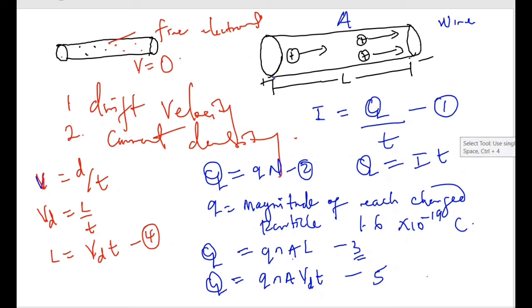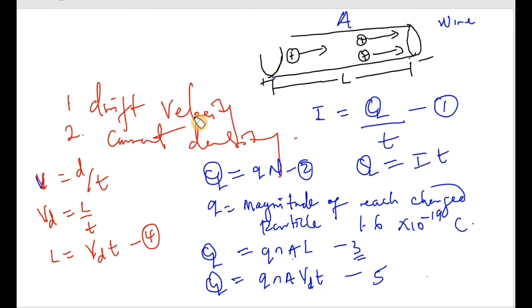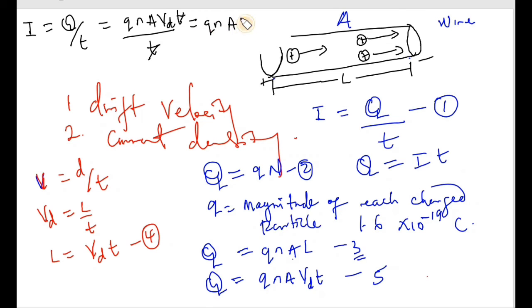If I now want to find the current, from equation 1 we define current as charge per unit time. Q we have found to be qnA v_d t, upon t. So the t cancels, and we have I = qnA v_d. This is the current that passes through this cross-sectional area.